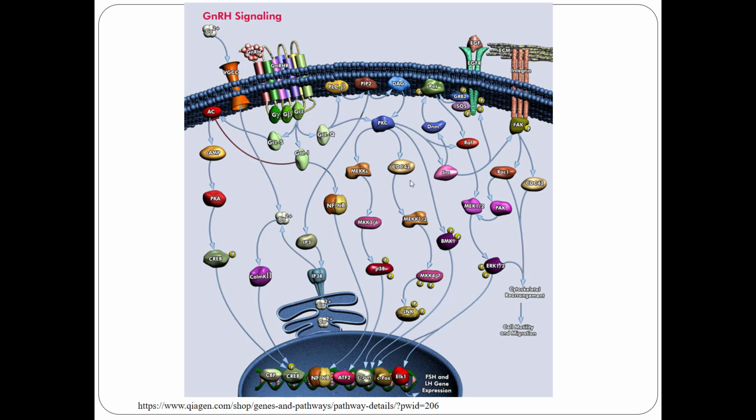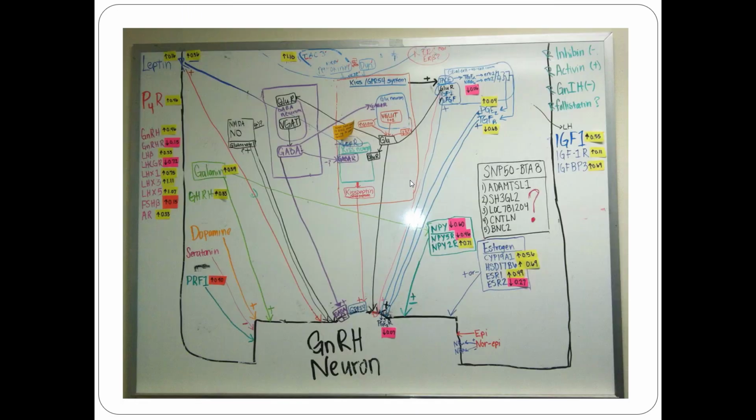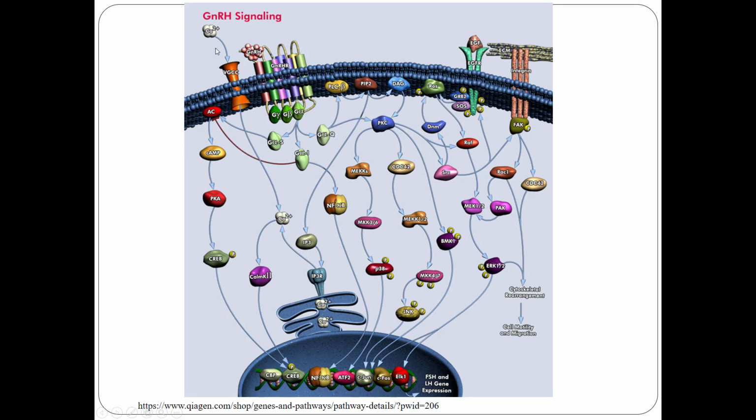With GnRH signaling, after GnRH is produced, because of a lot of this stuff here, we're going to get secretion of GnRH in the dendrite area. And then GnRH is going to travel, in the female and in the male, to the anterior lobe of the pituitary. Then it's going to bind to its receptor.